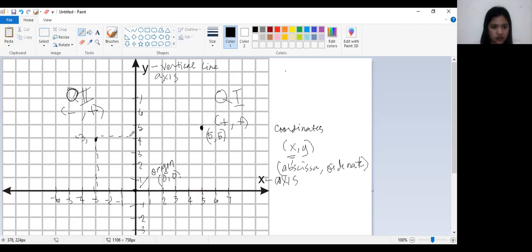Then, positive 4. Okay? So, maybe, lakihan natin yung ating brush, o, yung ating pen. Paano ba ito lalakihan? Yung ating size. So, it's here. Okay. Baba natin yung ating.